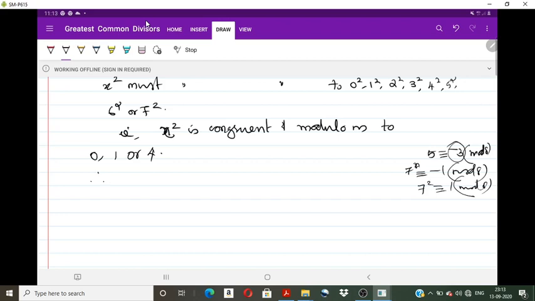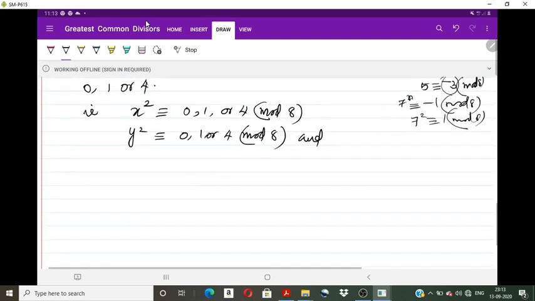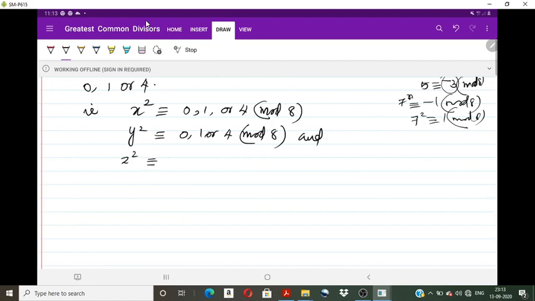Therefore, for any integers we have x square congruent to 0, 1 or 4 modulo 8, and y square similarly 0, 1 or 4 modulo 8, and z square also congruent to 0, 1 or 4 modulo 8.